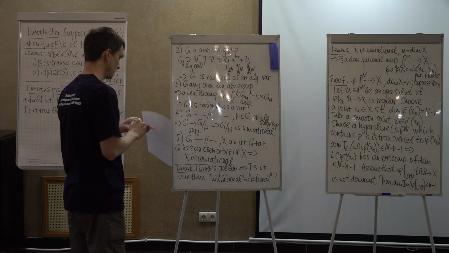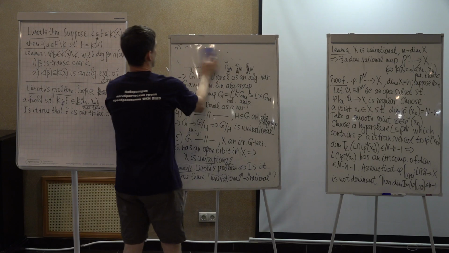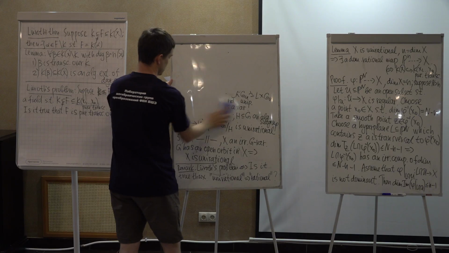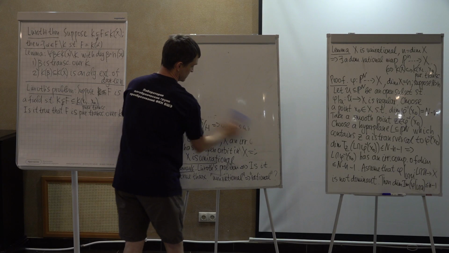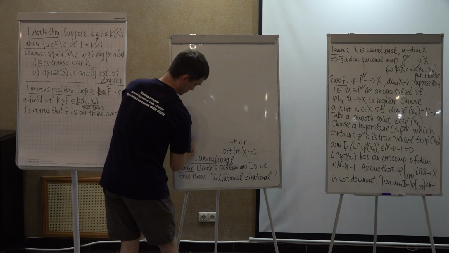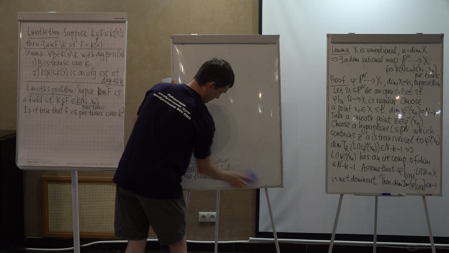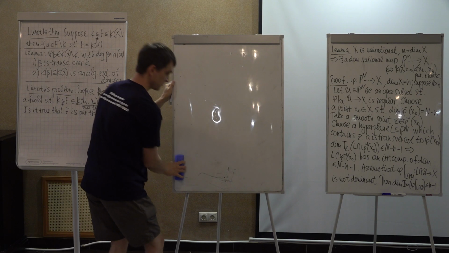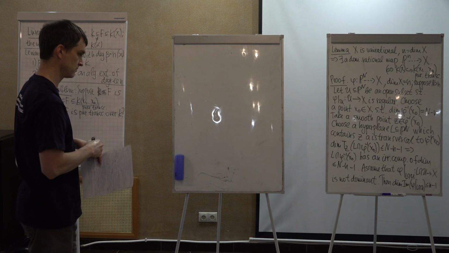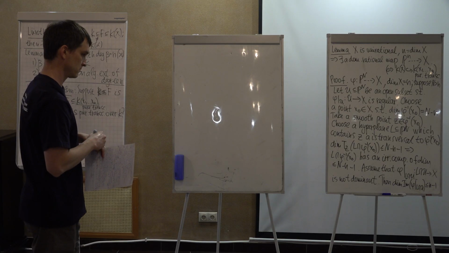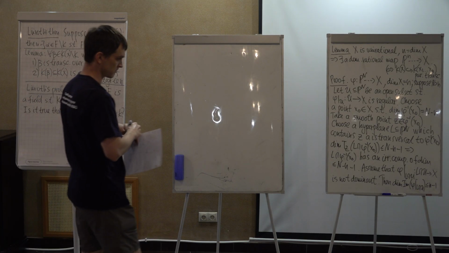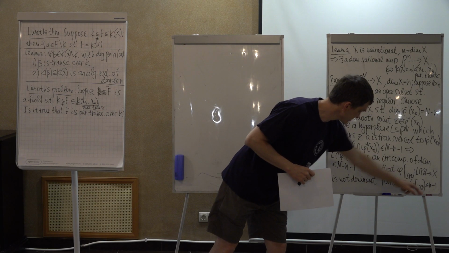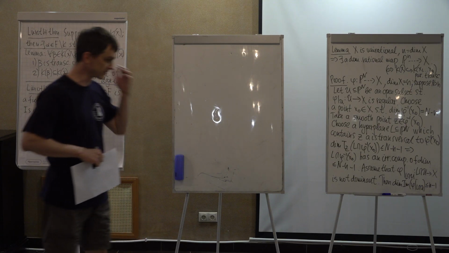Right? So the dimension of this L intersected with U is capital N minus 1.